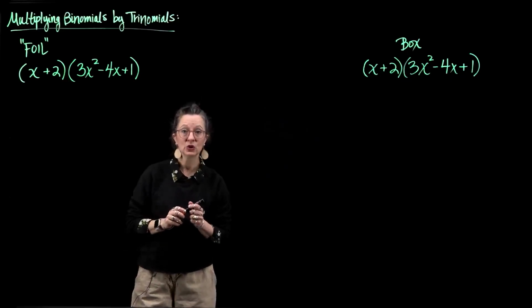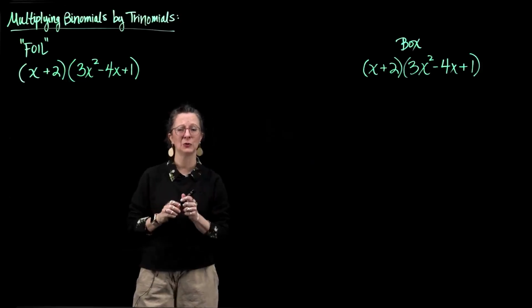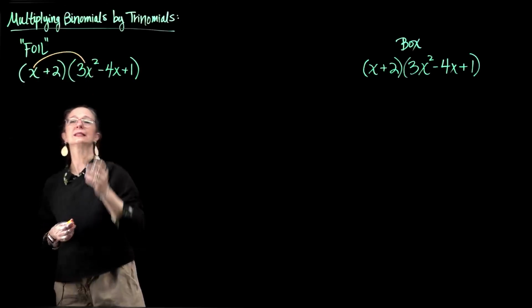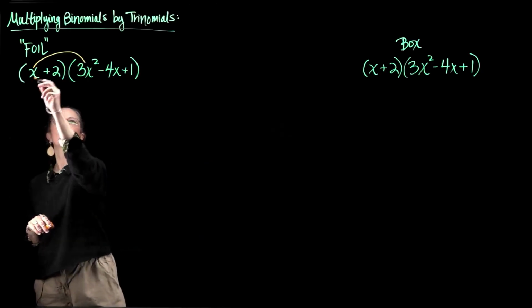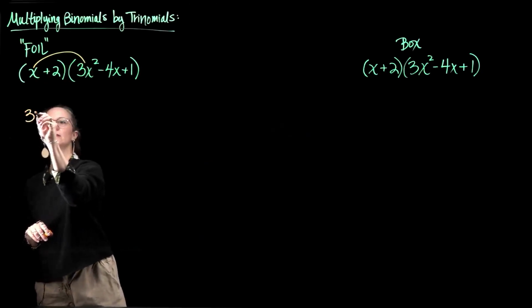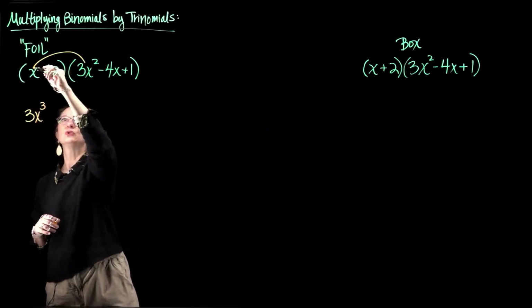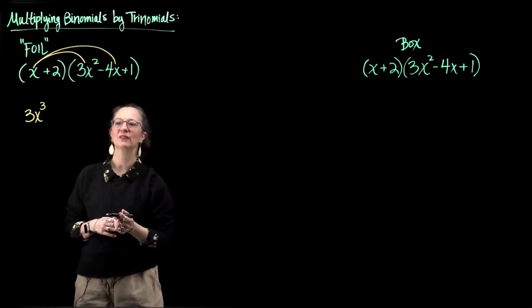So I'm going to draw some arcs across the top to kind of show you what I mean. So I'm going to draw an arc to connect the x and the 3x squared. We'll multiply that together. So x times 3x squared gives me 3x cubed. Then I'm going to connect the x and the minus 4x with an arc.